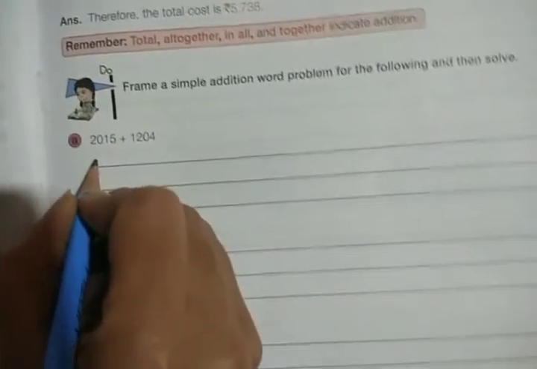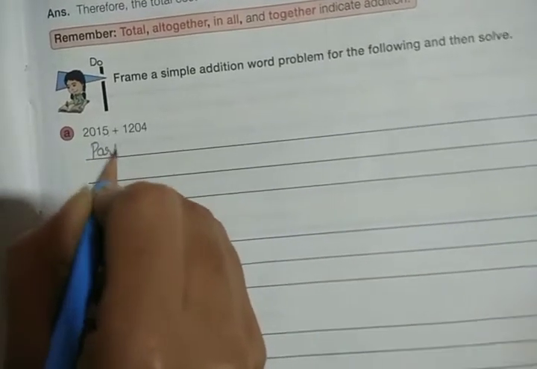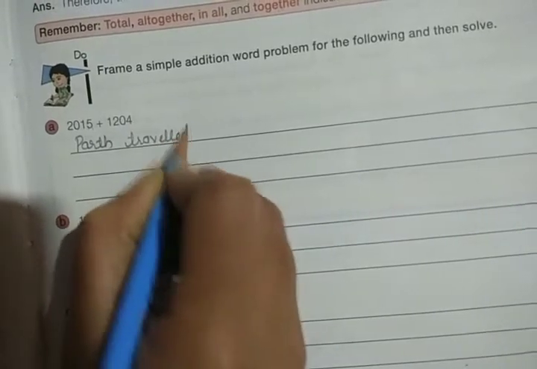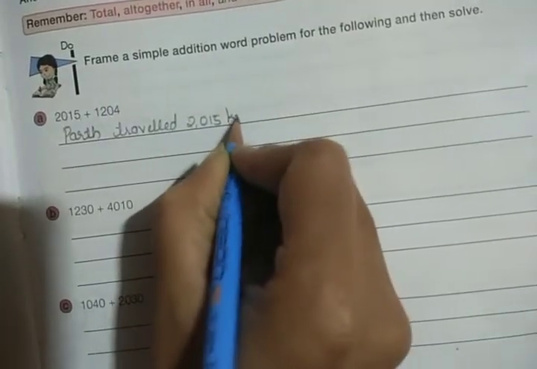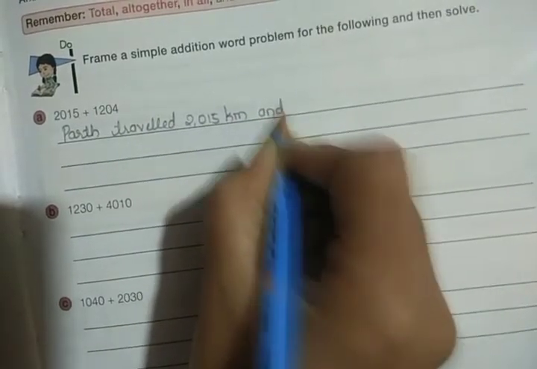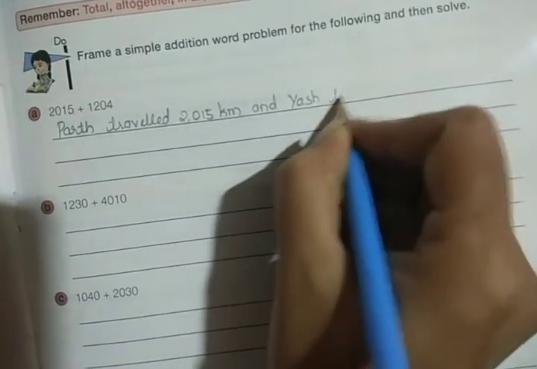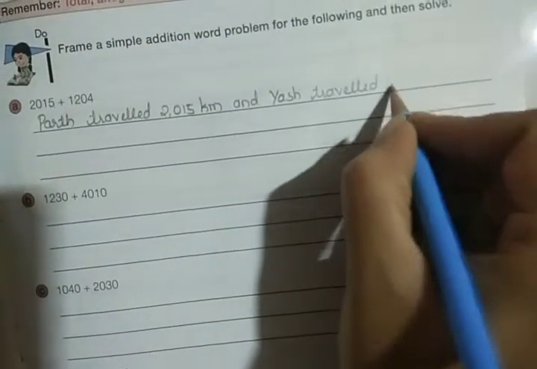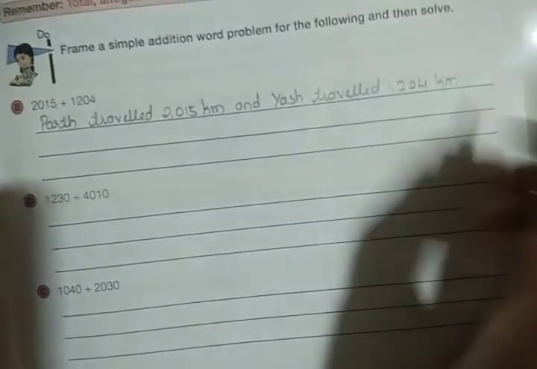So I'm going to write Parth traveled 2015 kilometers and Yash traveled 1204 kilometers.